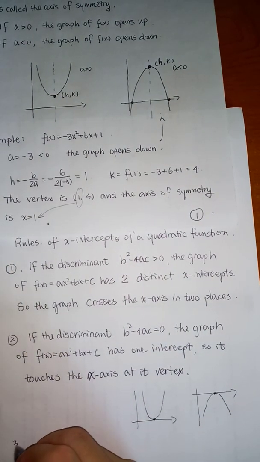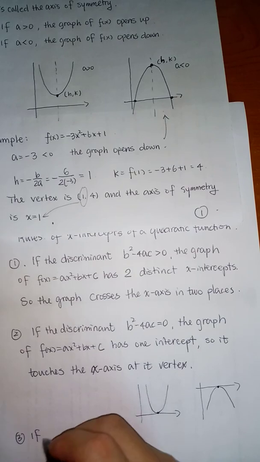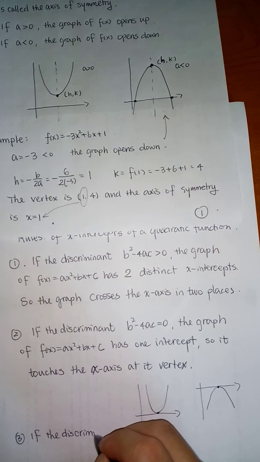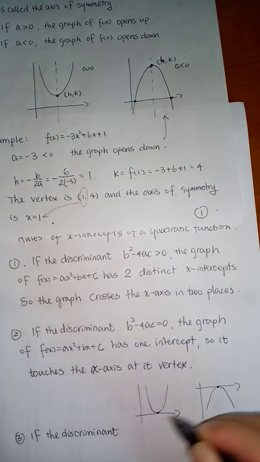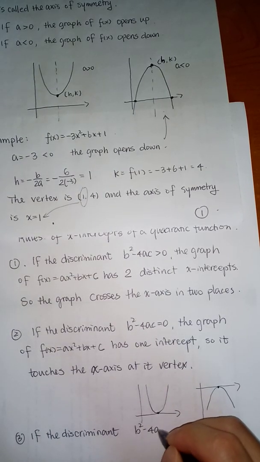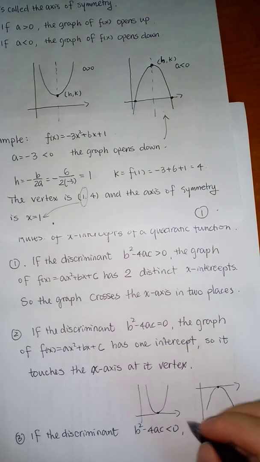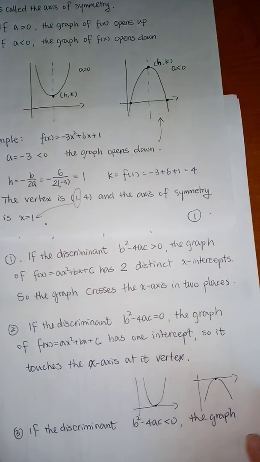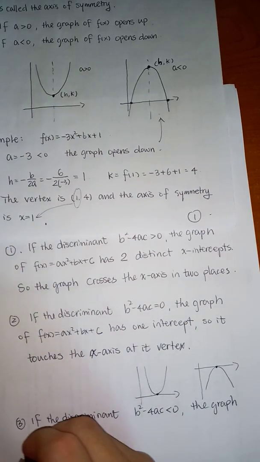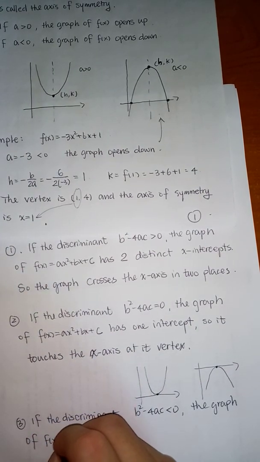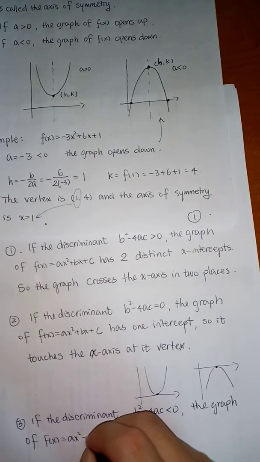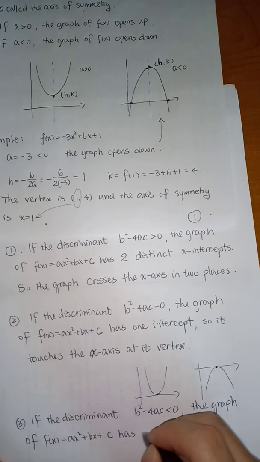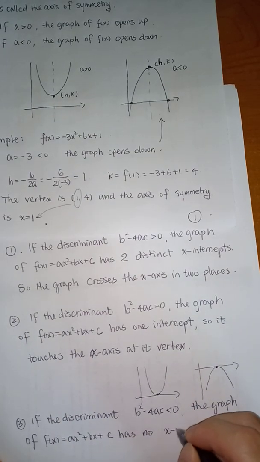Third case, if the discriminant b squared minus 4ac is negative, then the graph of f(x) equal to ax squared plus bx plus c has no x-intercept.